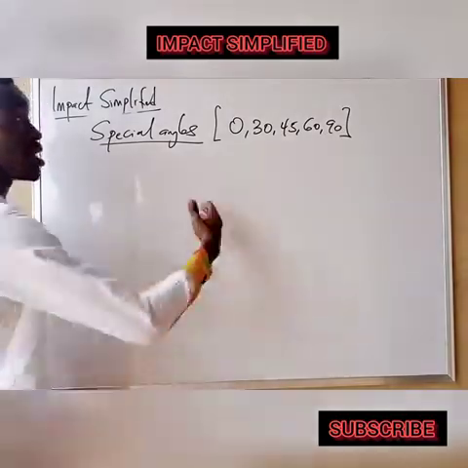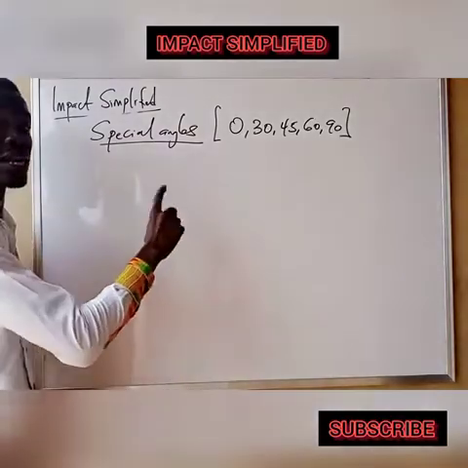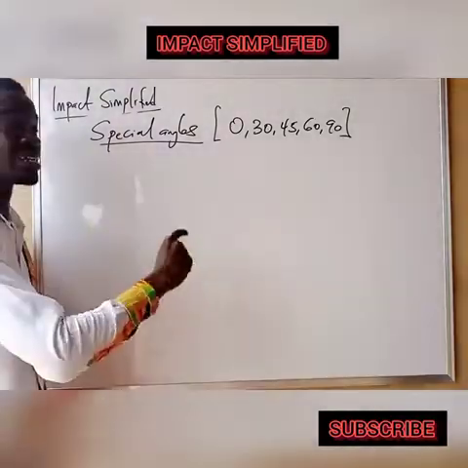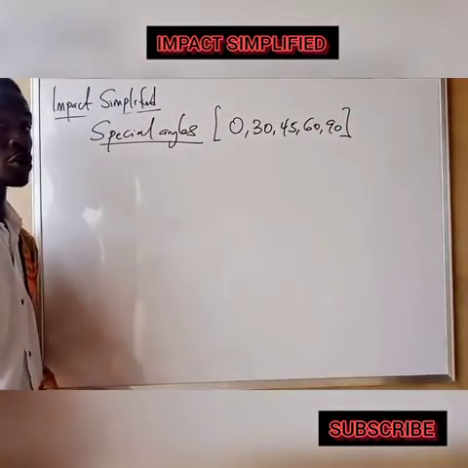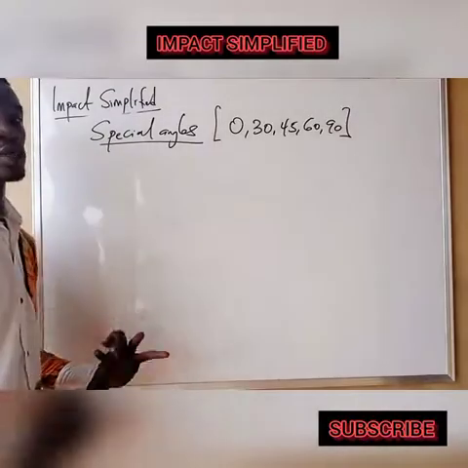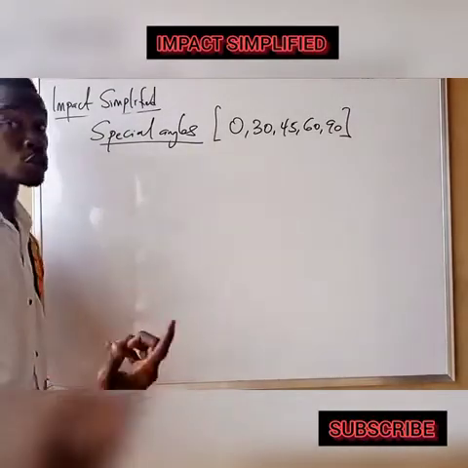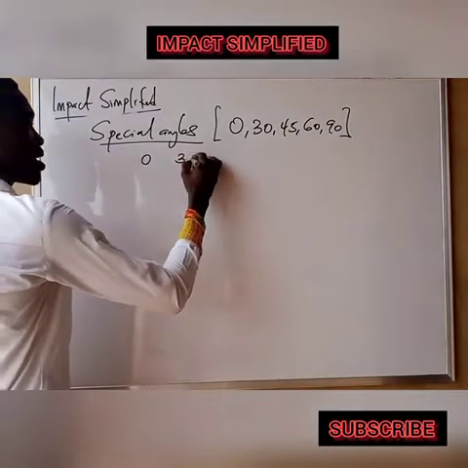We want to look at how to get the sine, cos, tan, cosec, sec, and cot of all these angles without making use of a calculator. Though we can still use a calculator, we prefer our answer in short form.